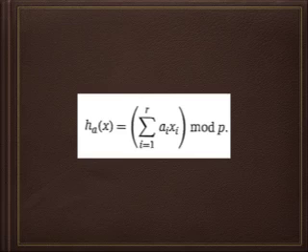Proof: for an element s in S, we define a random variable Xs that is equal to 1 if h(s) equals h(u), and equal to 0 otherwise. We have the expectation of Xs is equal to the probability that Xs equals 1, which is less than or equal to 1 over n, since the class of functions is universal.